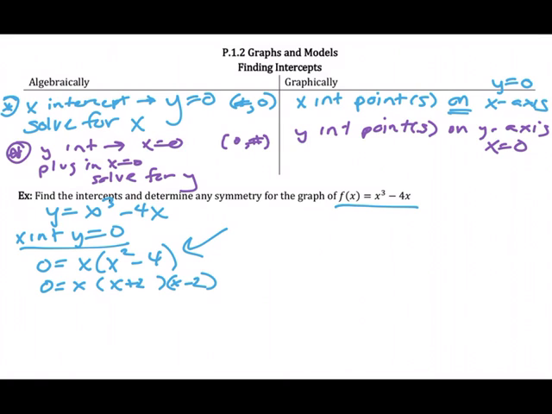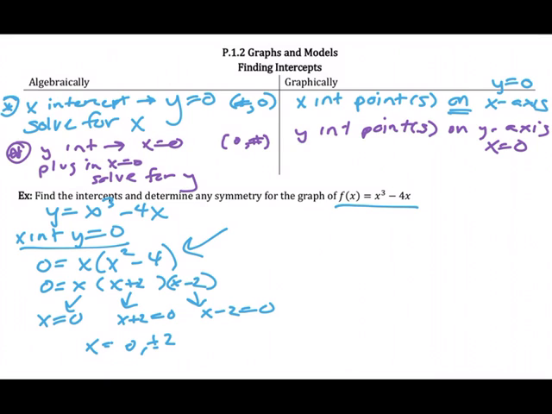And then to solve this, I'm going to set each of these factors equal to 0, and that's going to give me 3 answers, or 3 x values: 0 and plus or minus 2. 3 x values that are x-intercepts, or 3 x values that make the function equal to 0, or 3 ordered pairs that cross the x-axis.